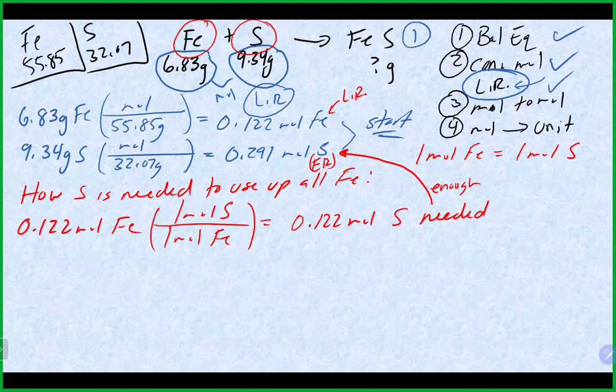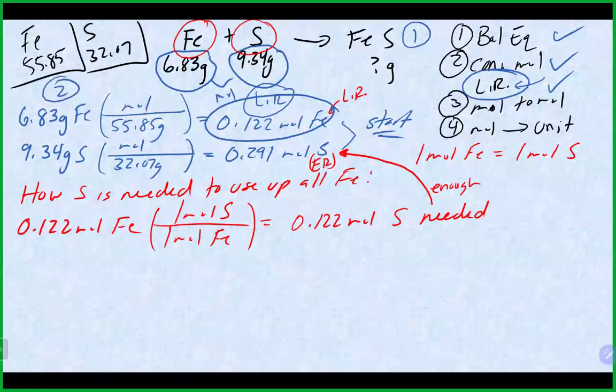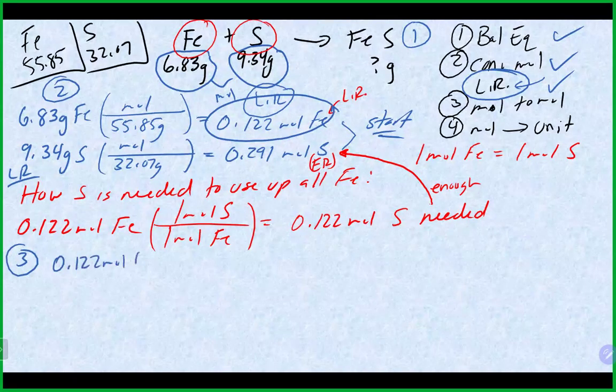Once we've done that, we want to make sure that we go back and start with our limiting reagent amount. So basically, this was step number 2, our limiting reagent step. Now we're off to step number 3, starting with our limiting reagent, which is our iron. We can now go from our limiting reagent to our product.